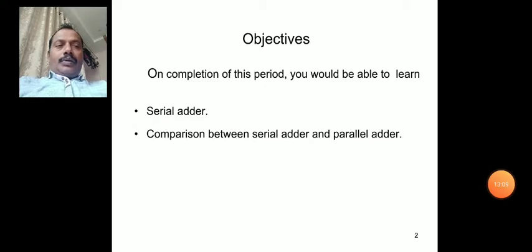Now let us see the serial adder construction and its working, and also comparison between serial adder and parallel adder.